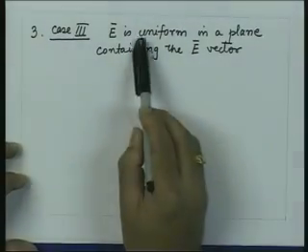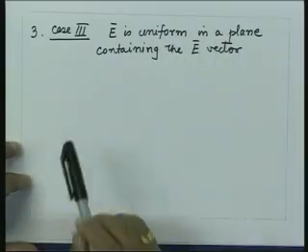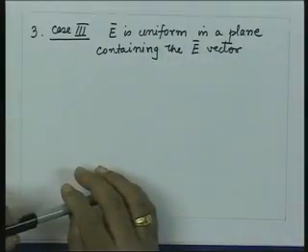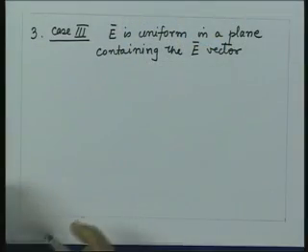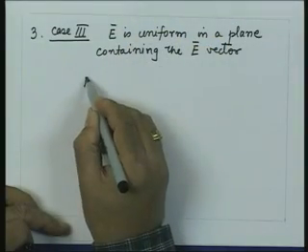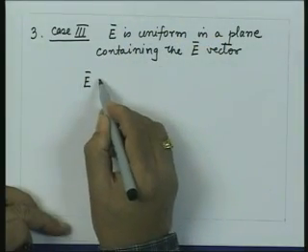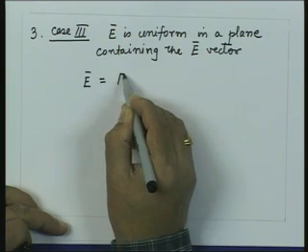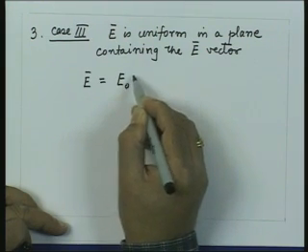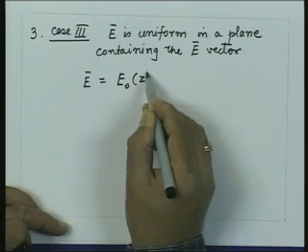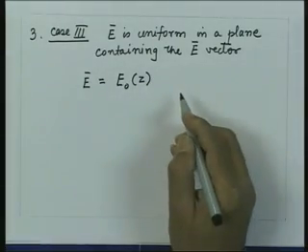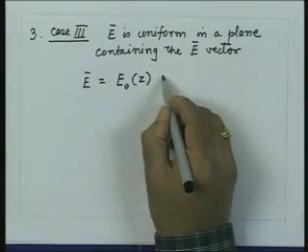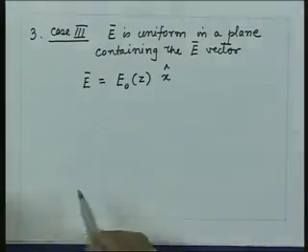So it is uniform in a plane containing the x axis. Again, without losing generality, we can assume that this is constant in the xy plane and it has variation only in the z direction. So we can say that your electric field E is some vector E0, which is now a function of z only, and it is oriented in the x direction.